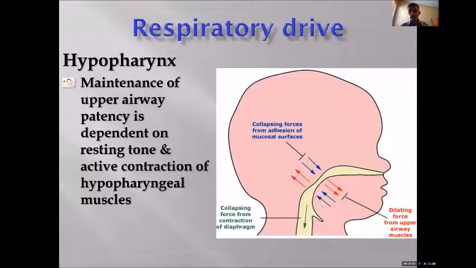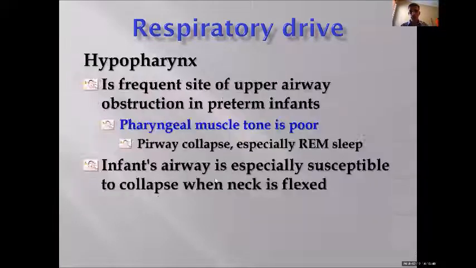I'm not going into the details of that because it's not the purpose of this study. But here, you have a collapse of the upper airway and the pharynx due to prematurity. Same in the hypopharynx, you can have poor tone, but also some edema, especially when the child sleeps. Therefore, apneas sometimes occur more during the night when the child sleeps, and then you need to awaken the premature baby.